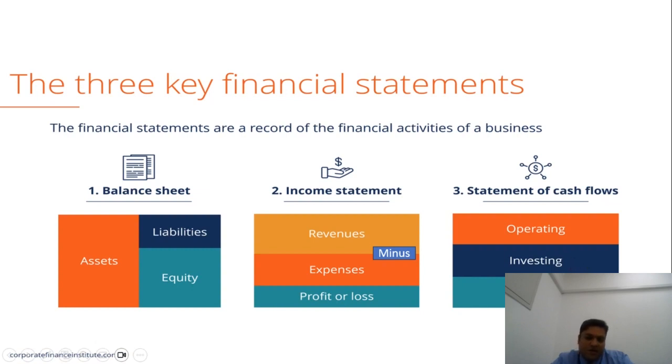And in the financing activities, you'll focus on how you're going to source funds for your business. Either it could be in the form of your own capital, self-financing, self-funding, or it could be through borrowed money. So all these three statements are meant for different purposes and talk about various things.